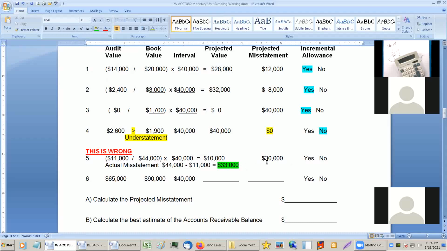And instead of that, we're going to say this statement is 33,000. And this would be whatever, this would be 7,000.